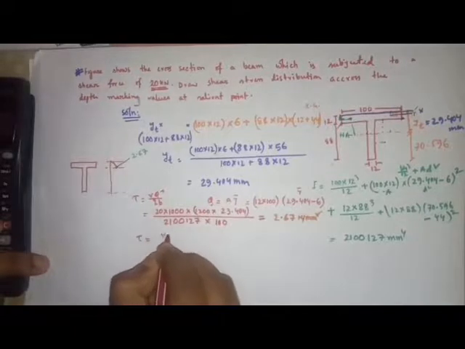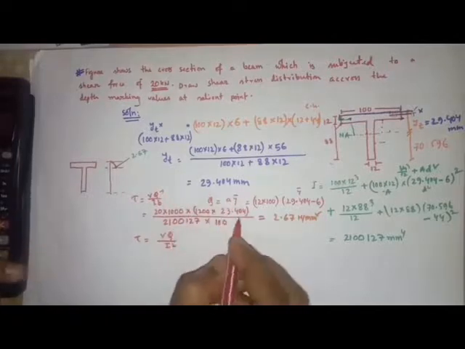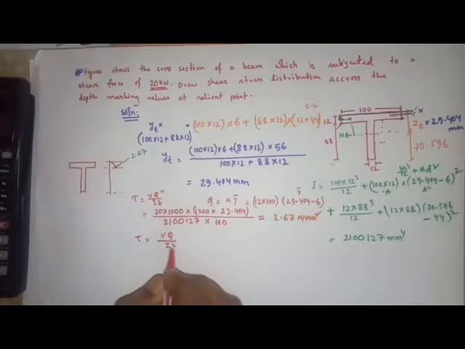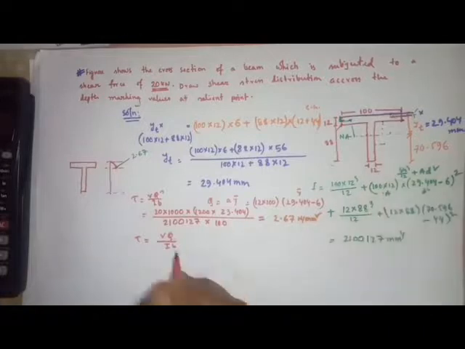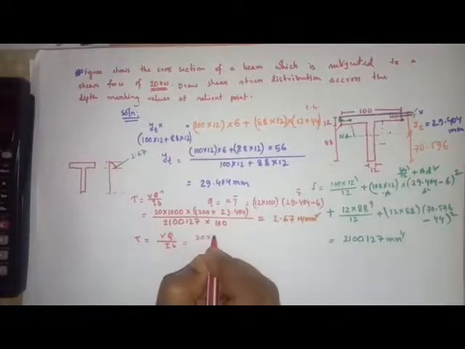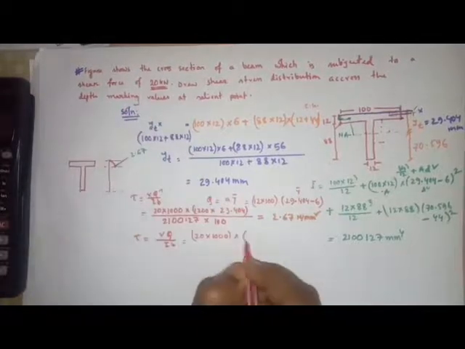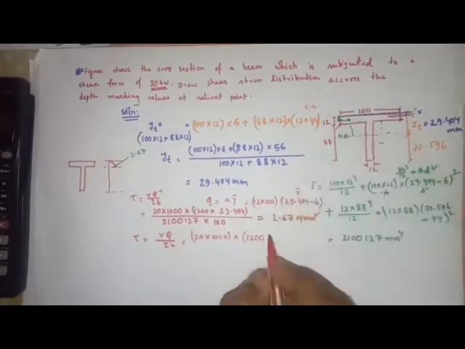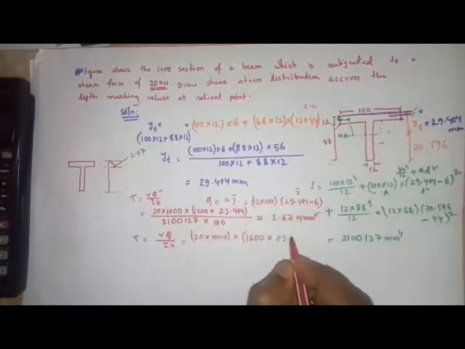So at this point, what will be the value? This is tau is equal to VQ by IB, and here Q, y bar and A, everything will be the same, but this b value will be changed. So this b value will be the web thickness, so it is 12 mm. So here's the solution. This is 20 into 1000, this is the V value, this is 20 kilonewton, into this area 1200 because 100 into 12, into the centroid position, so this is 23.404.